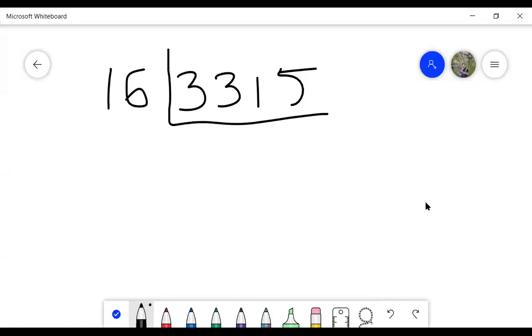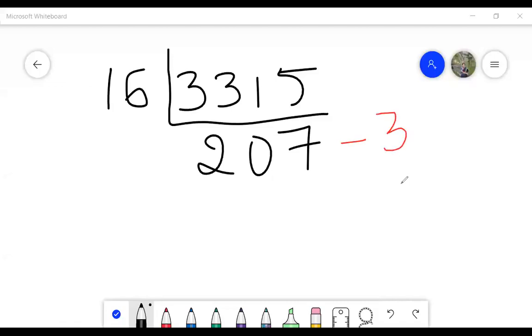3315 divided by 16 will be 207. 3 will be the remainder.